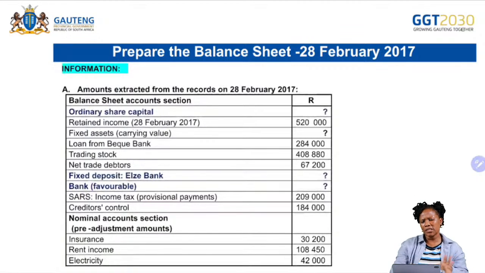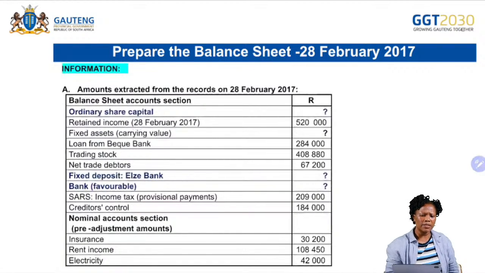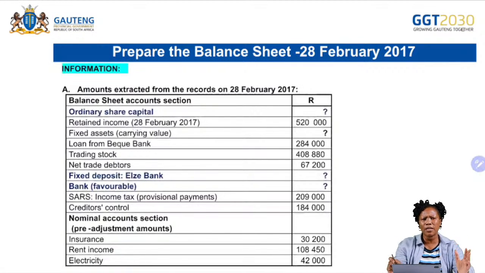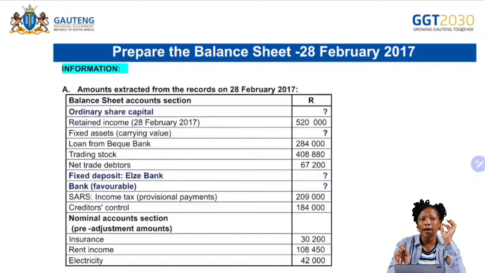Okay, this is the question. This is how the question is structured from the question paper. You are given the information, and then you can see that there are missing figures. Unfortunately, the time does not allow us to go through the whole structure of our balance sheet. But after this presentation, I want you to go home or in class and sit and check the structure and complete it, because we shall have done all the parts that are important.